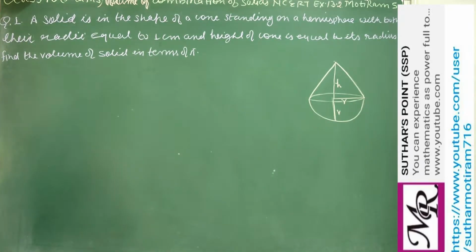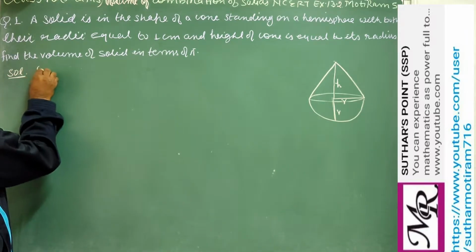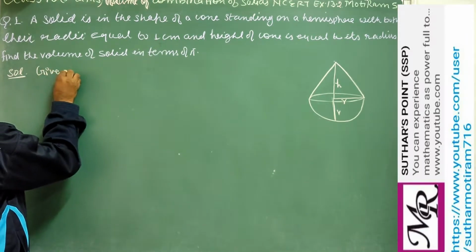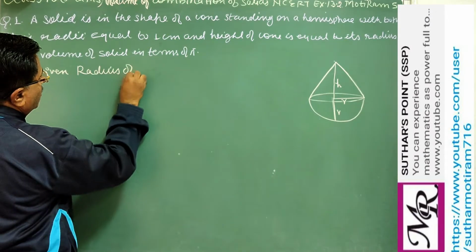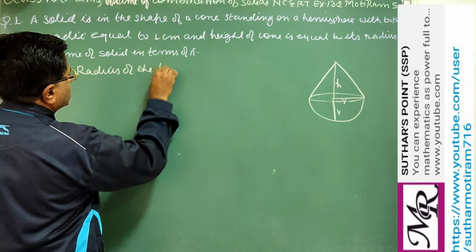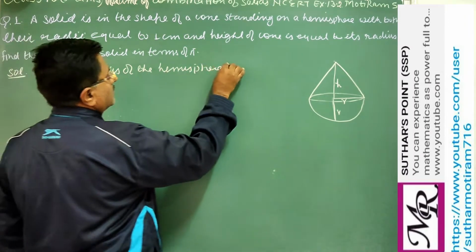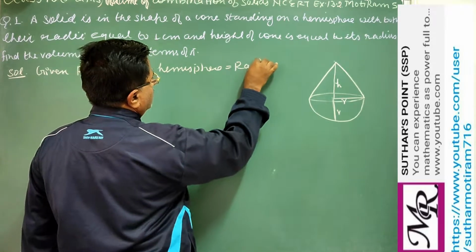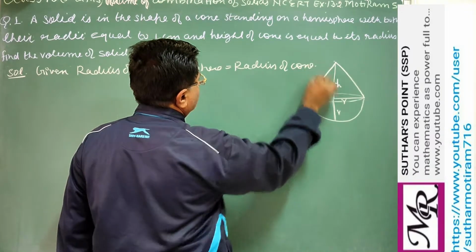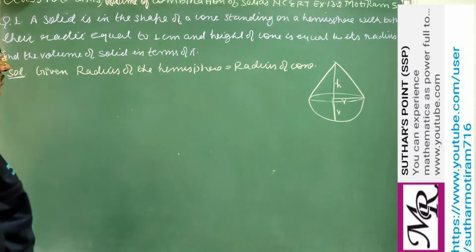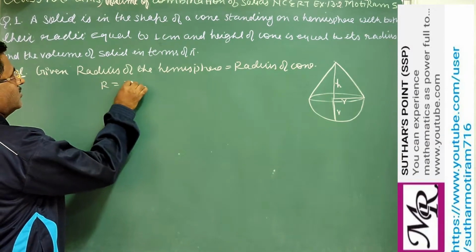So here we may write in solution, as given, radius of the hemisphere equal to radius of cone. So we can suppose radius as r, which is equal to 1 centimeter.